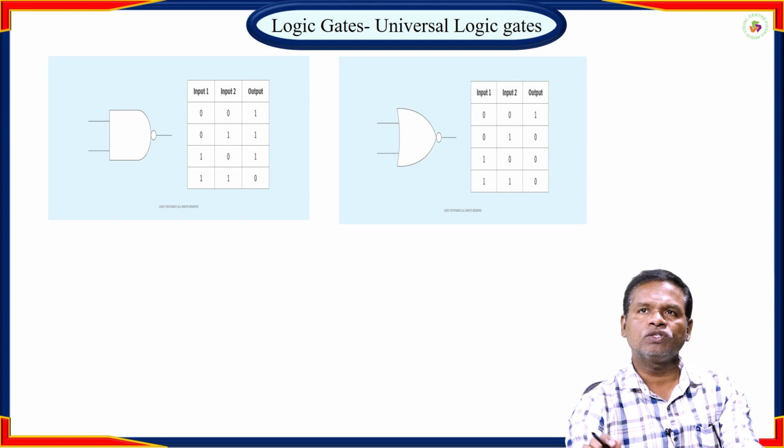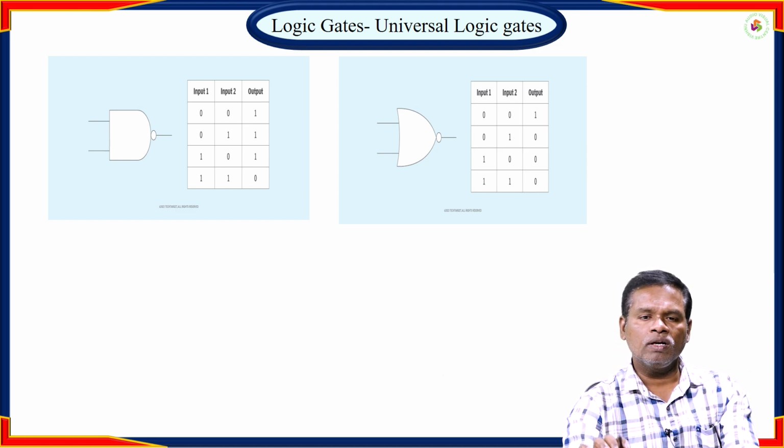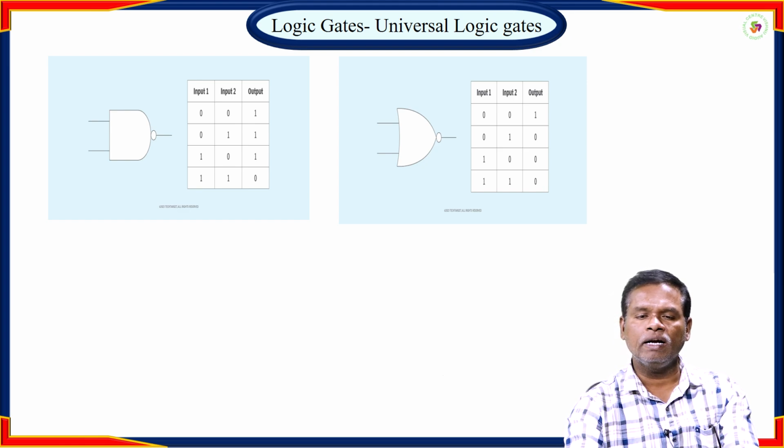Using only NAND or only NOR, we can construct the AND gate, OR gate or NOT gate again. So there is no need to depend only on AND, only OR or only NOT. Using only NAND or NOR gates, we can build any logic circuit. That's why these two are called universal gates.